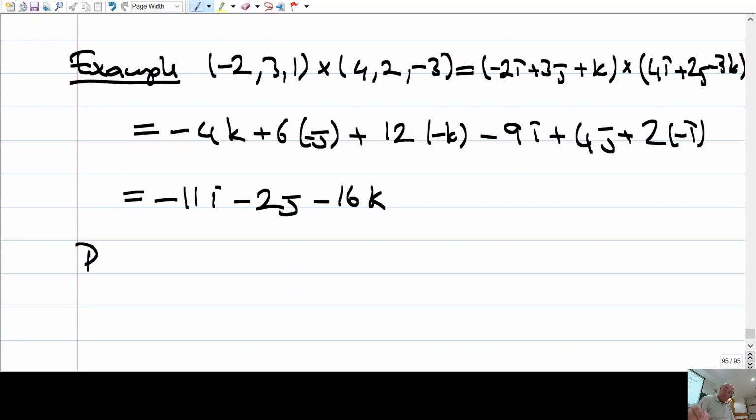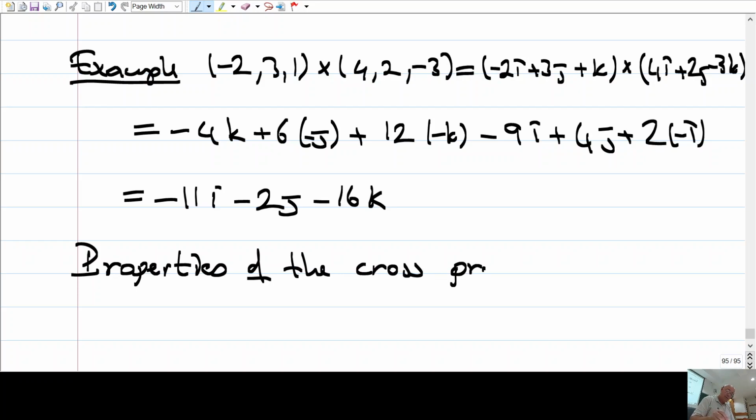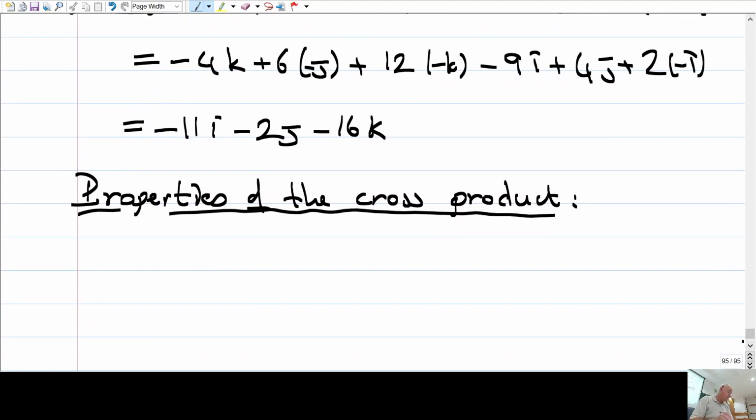Okay. Properties of the cross product. Let's list the properties.